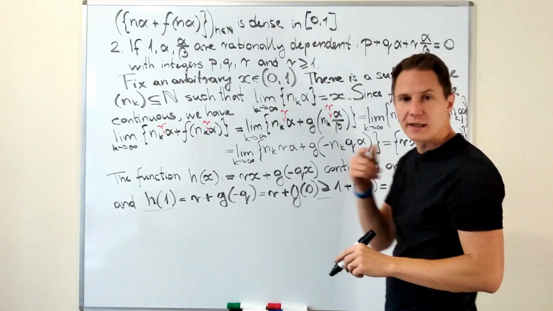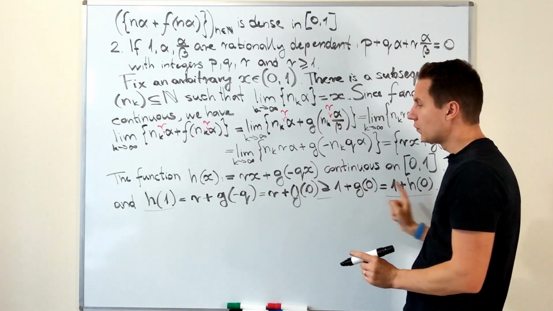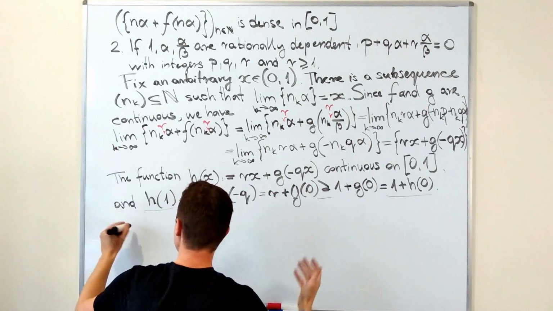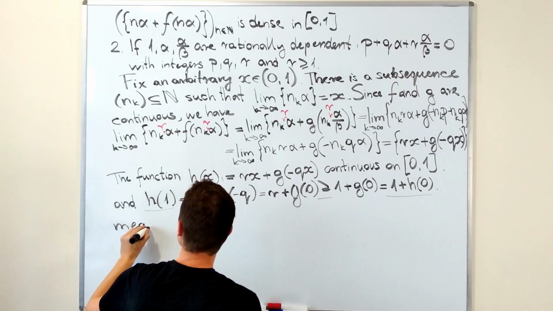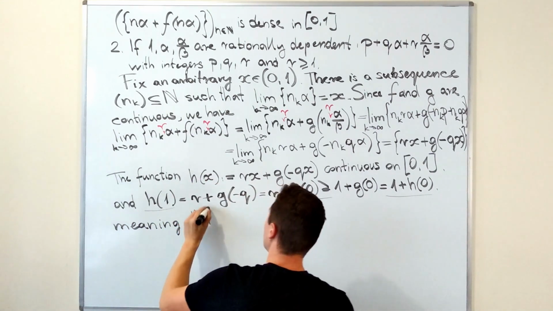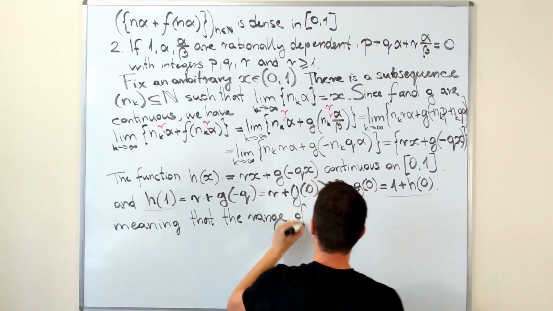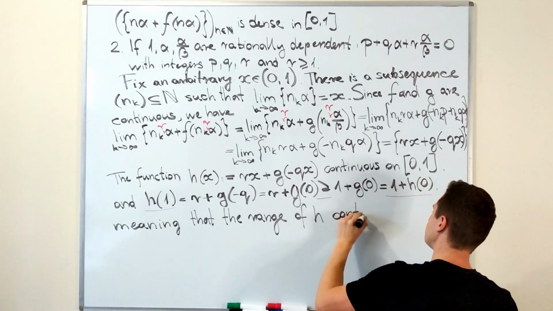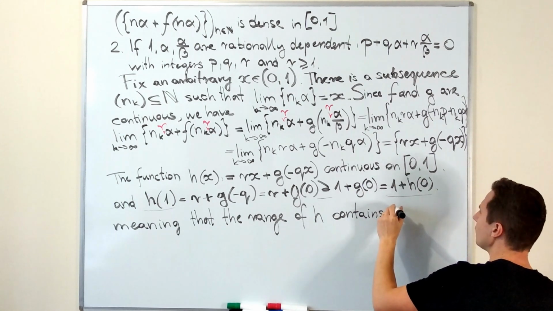This concludes the proof basically, because with the continuity of h, the range of h contains the unit interval as a subset.